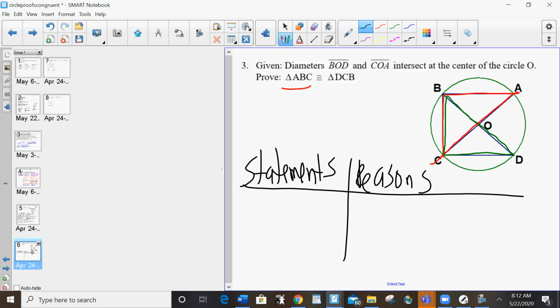I'm looking for inscribed angles. I see A intercepts BC. I see D intercepts BC. Therefore, A and D must be congruent. So I'm going to write angle BAC is congruent to angle BDC.